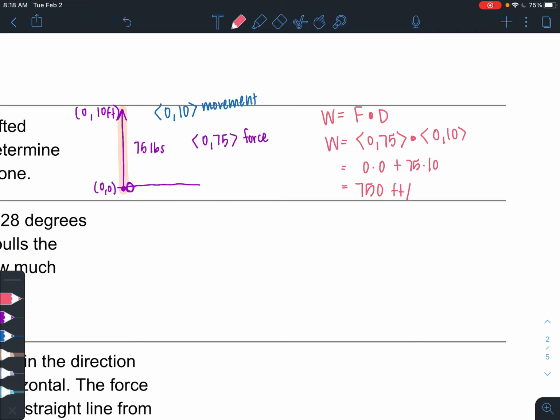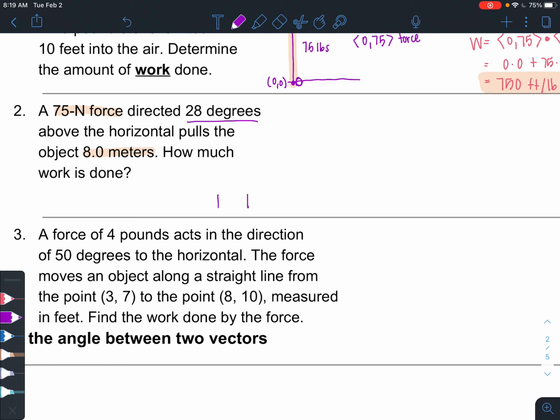Here's my picture. This is the force. Think of it kind of as a wheelbarrow. It doesn't say what it is, but it's being pulled this way by its handle, but it's traveling this way.